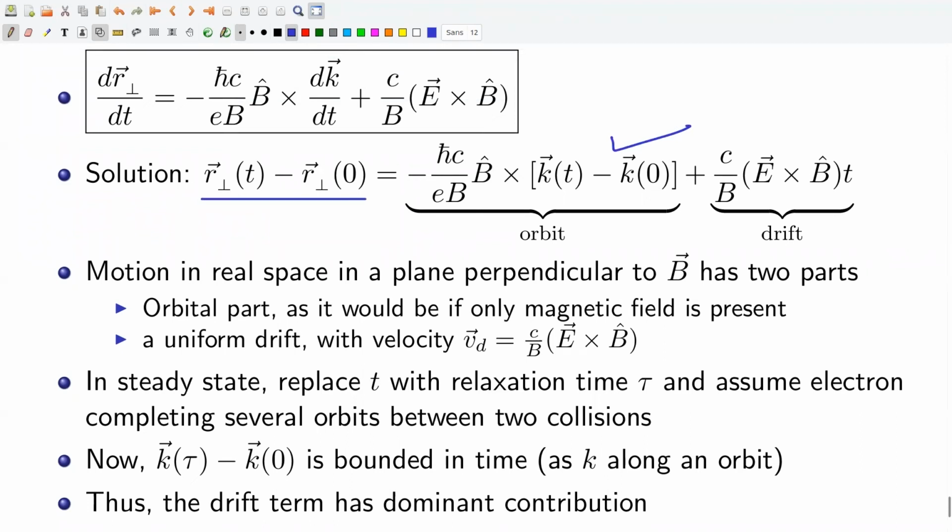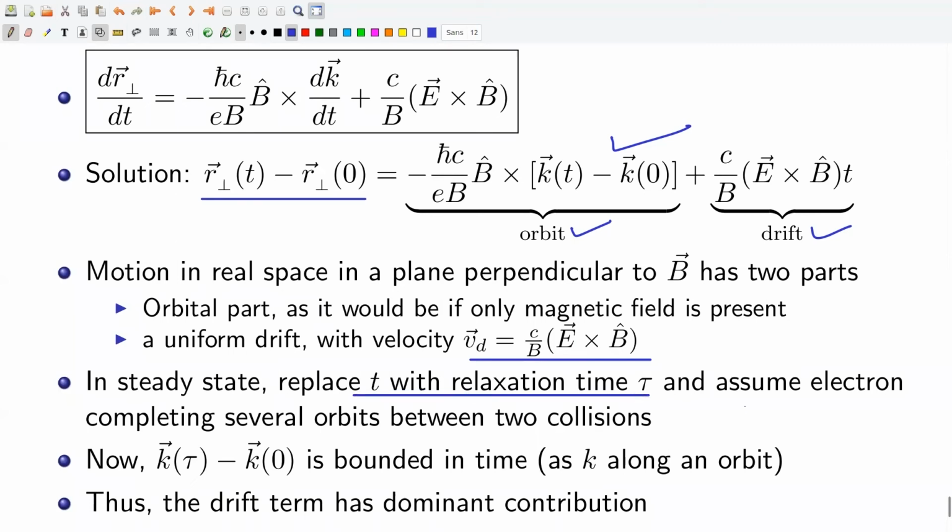Motion has two parts. The orbital part, as it would be if only magnetic field is present. In addition to the orbital part, we have a uniform drift term with drift velocity Vd equal to C by B times electric field cross B hat. In steady state, we have to replace t with relaxation time tau.